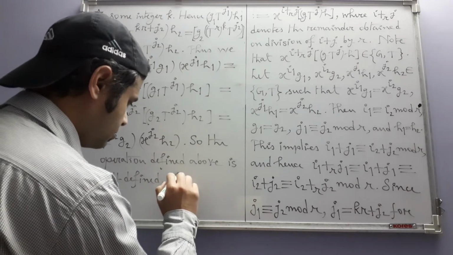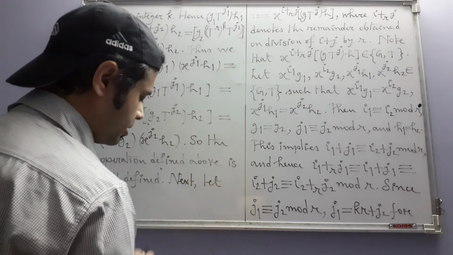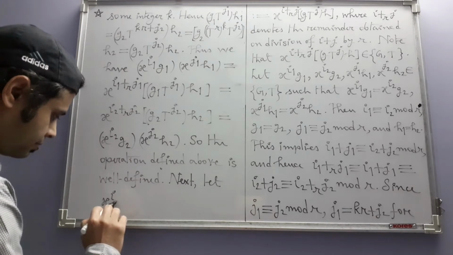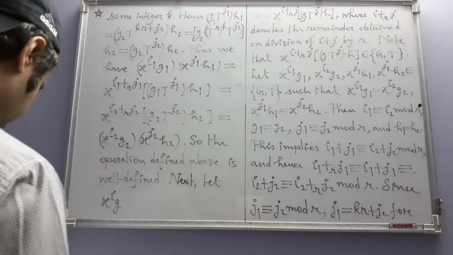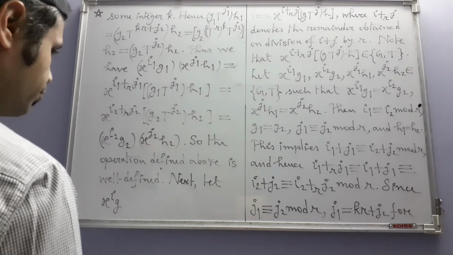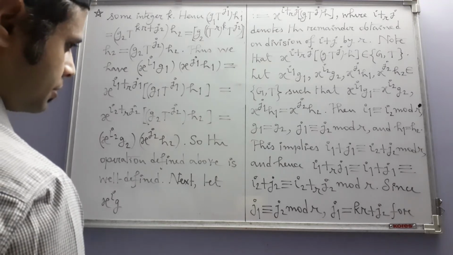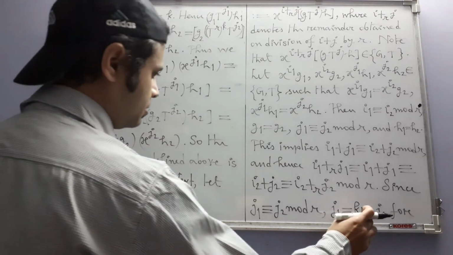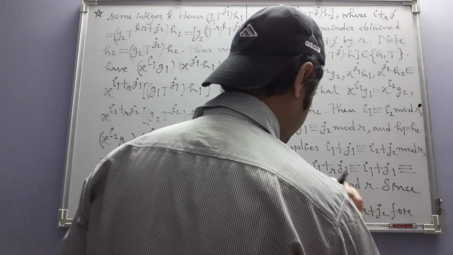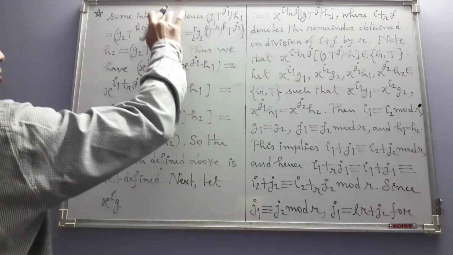Okay, next let us consider three elements, three symbols in our set: g, h and u. Oh, we have chosen k, that k may get confused with this k. Okay, since we have already used it, let us write l in place of k.